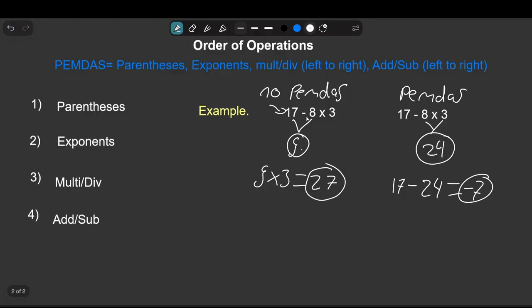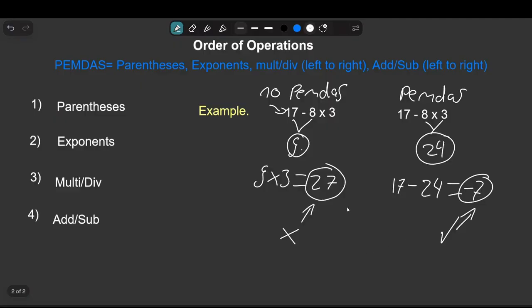So this one, we just went from left to right and we didn't do the order of operations. This one, we started with the multiplication and then the subtraction. So this is very important because this is the right answer, like this, and this is the wrong answer.